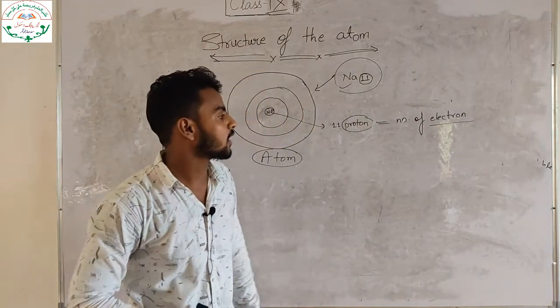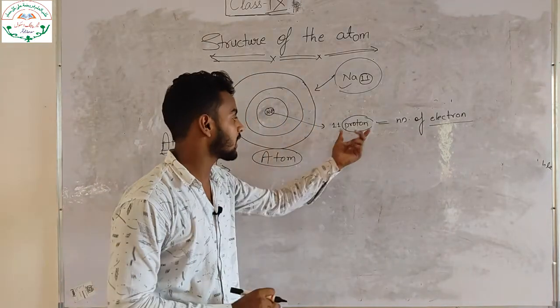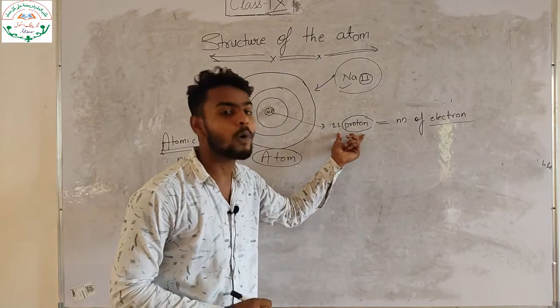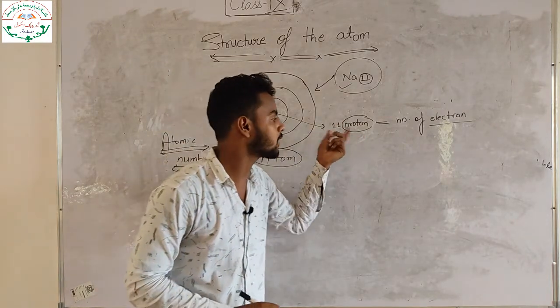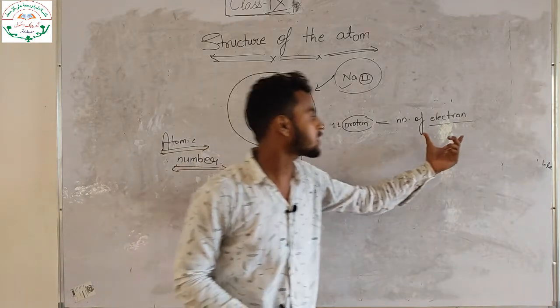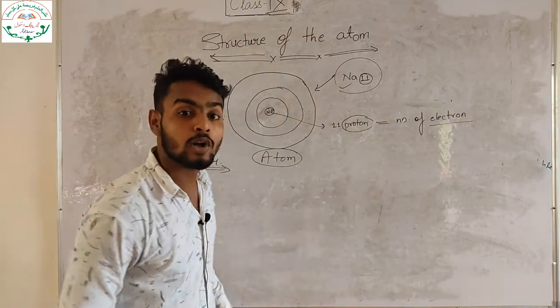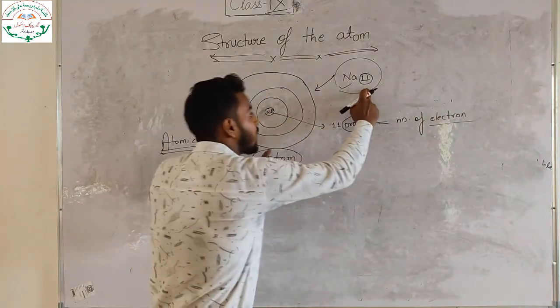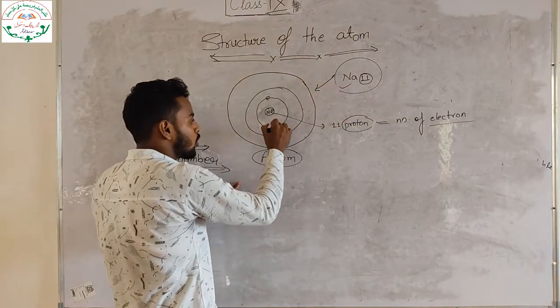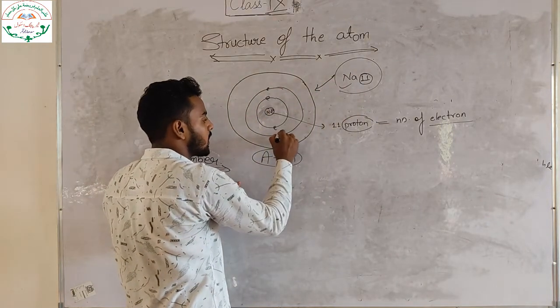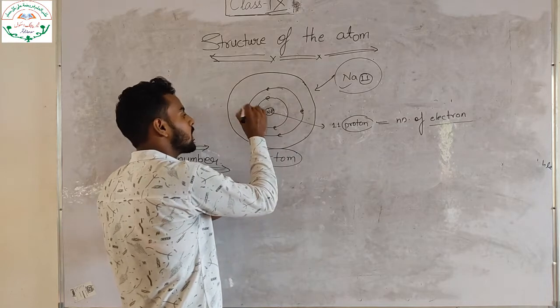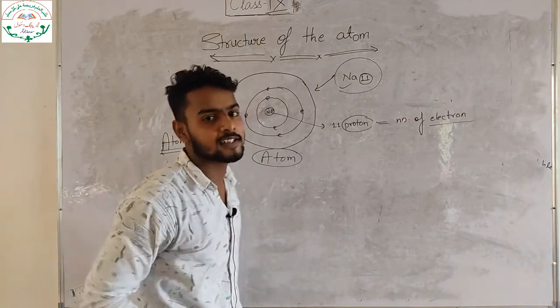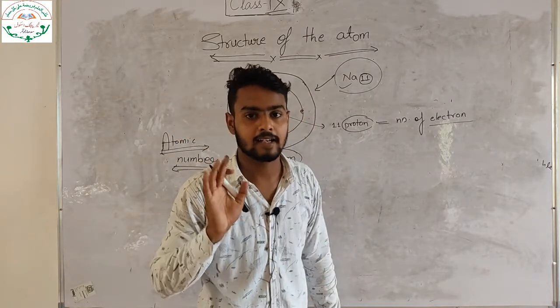The number of protons is always equal to the number of electrons, that's why 11 electrons are also revolving in their particular shells or orbits.